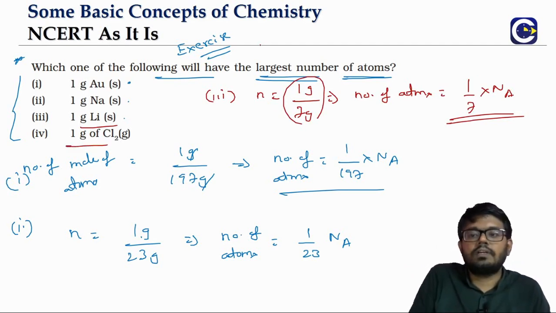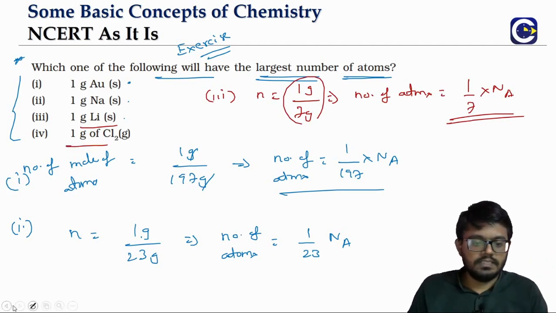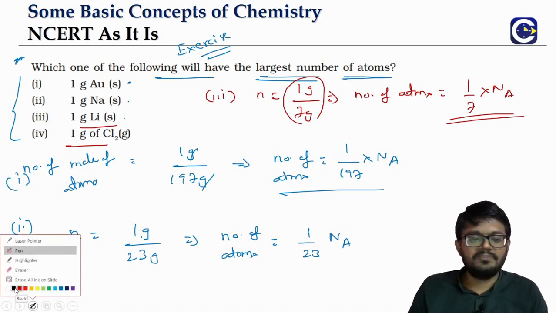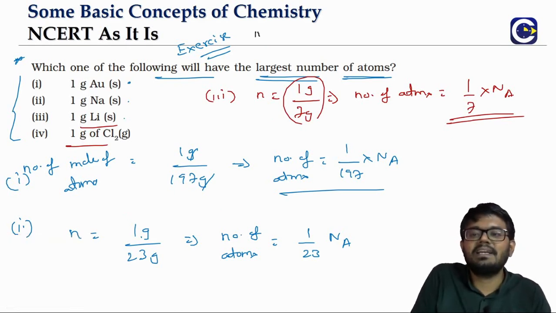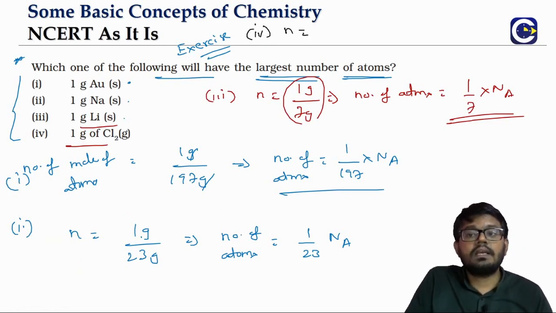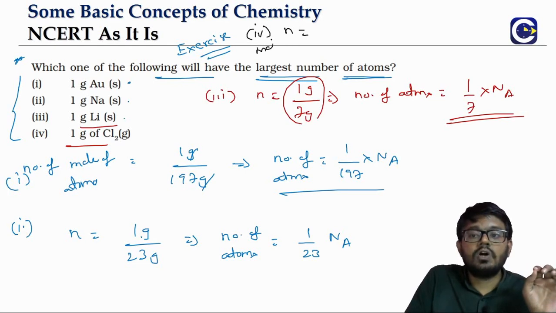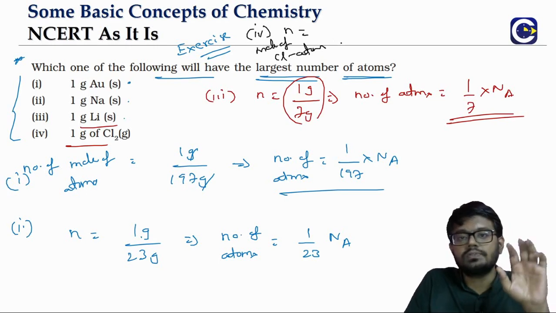Look at the fourth one. We'll write at the top because I think that is the only space that is left out. Okay. So yeah, come here. Fourth one. Chlorine, right? So the number of moles will be what? Here I'm talking about the number of moles of chlorine atoms, not the molecules.